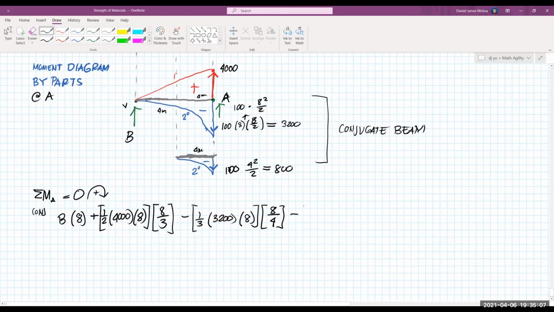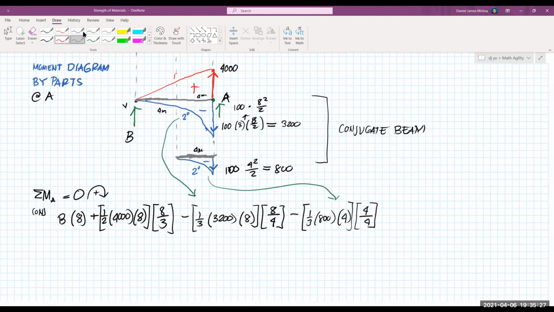Next, for the smaller spandrel, we have one third, 800 times 4, and its lever arm will be one fourth of 4. I'll just put some arrows here for us to understand. So it will be equal to 0, which gives us a reaction that is negative 9,200 over 3.